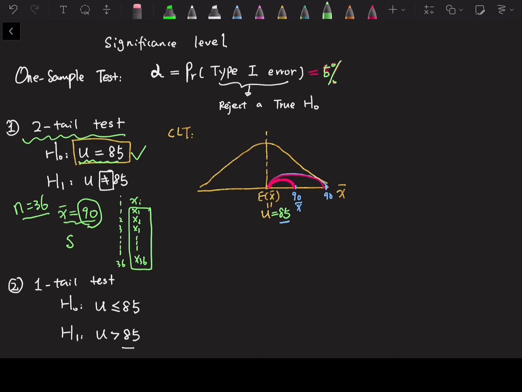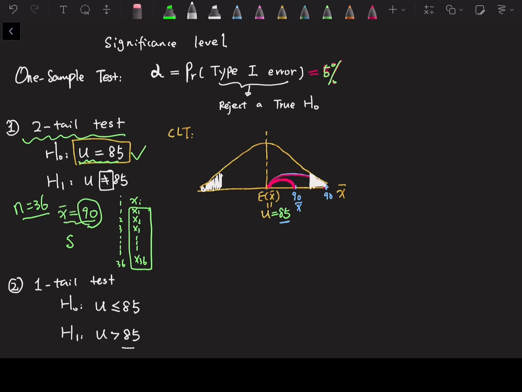Two-tail means you're not only interested in whether the population mean is significantly greater than 85, maybe somewhere here, or significantly less than 85, somewhere here. So the two areas are symmetrical and add up to 5%.